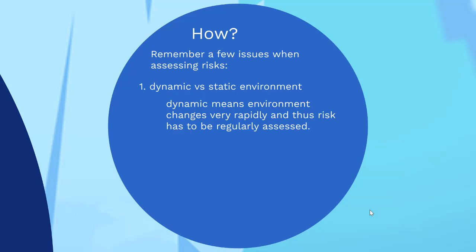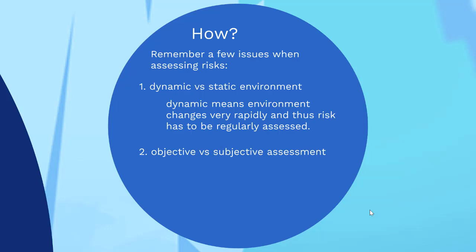For example, the risk impact or the risk probability can be very different. Today, you may have very high impact. Tomorrow, the impact may go down. And because risks are so dynamic, they have to be regularly assessed. Because if you don't regularly assess them, your risk management could be out of date, and then you may end up doing the wrong thing to address the risk.